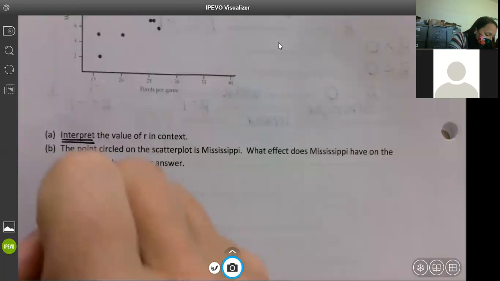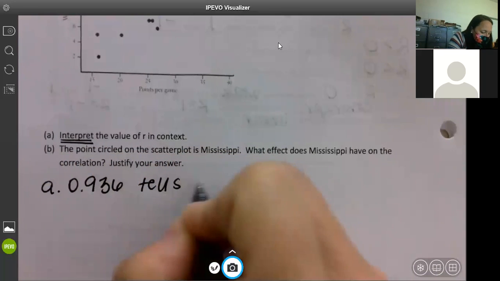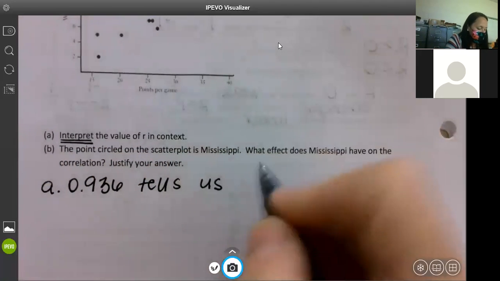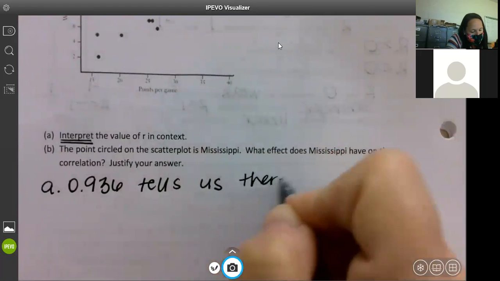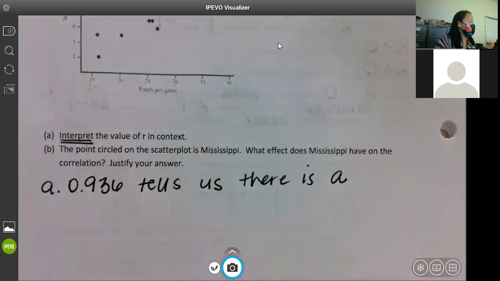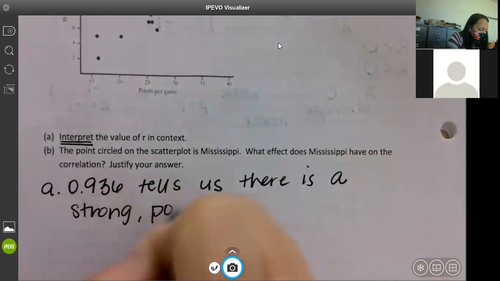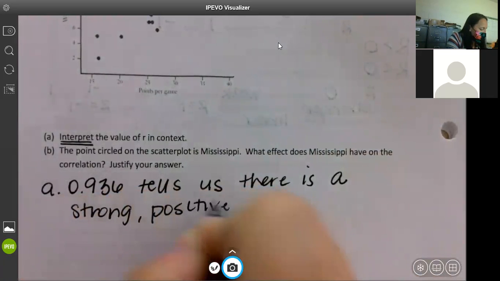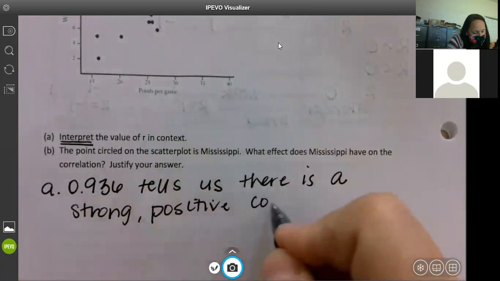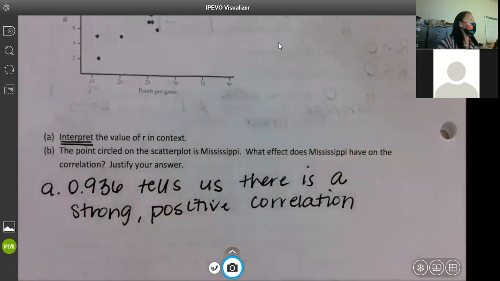So that R tells us there is a strong or weak, which one? Positive or negative? So strong, positive correlation. You can't stop there. Remember, what do you got to do?